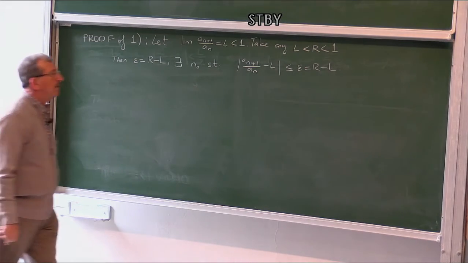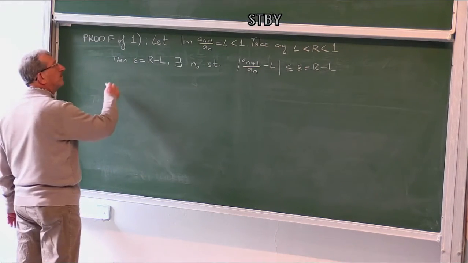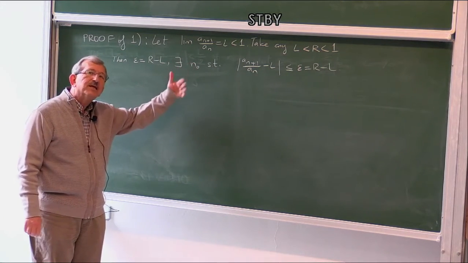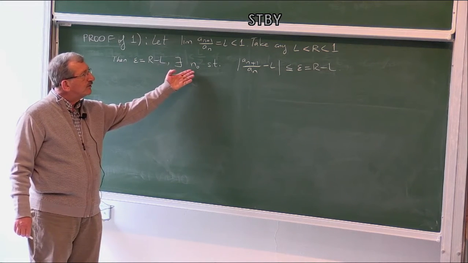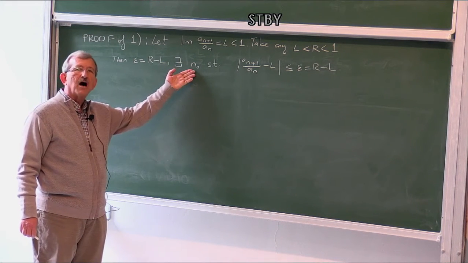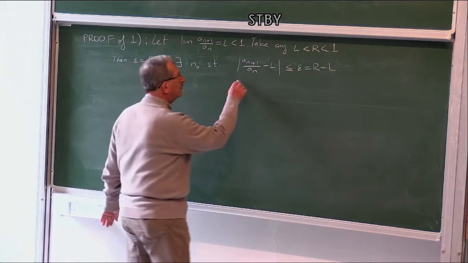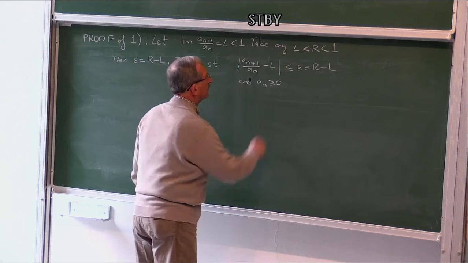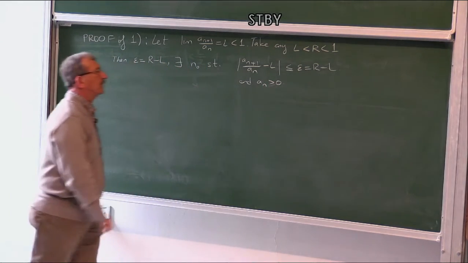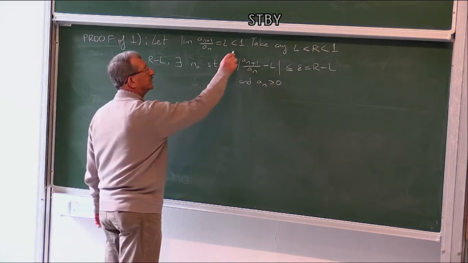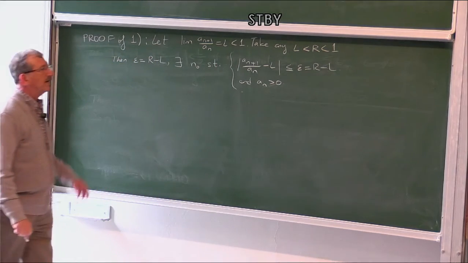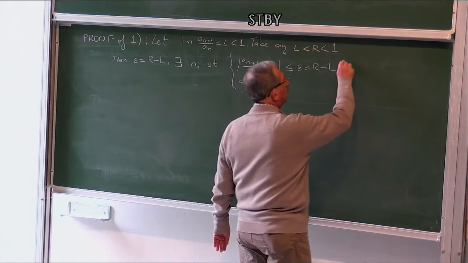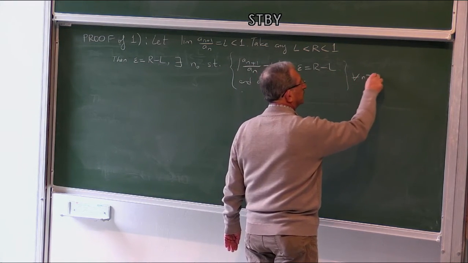At this point, let me say that because the a_n are ultimately positive, I can choose the value N0 a little bit larger so that this is true and a_n is strictly positive. So I have two conditions to be true, and by choosing N0 a little bit larger, this will hold for all n greater than N0.